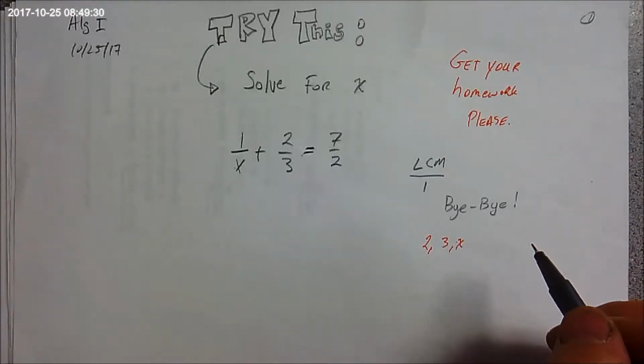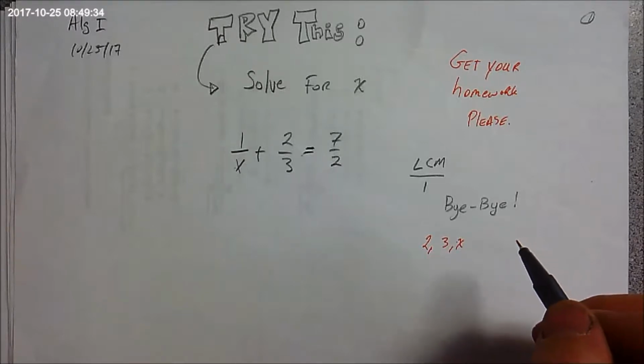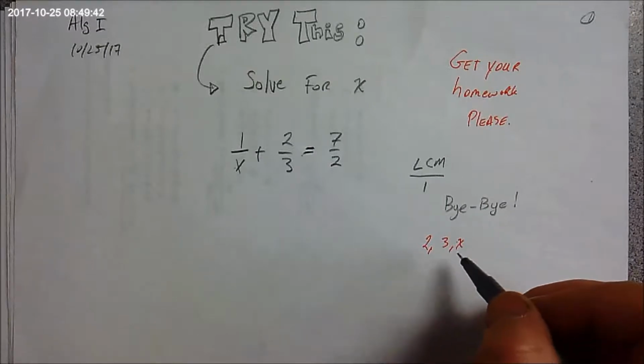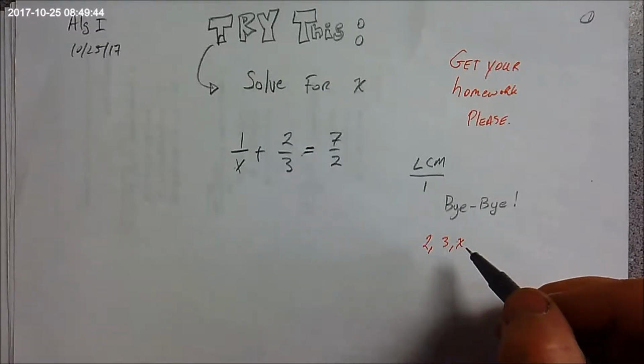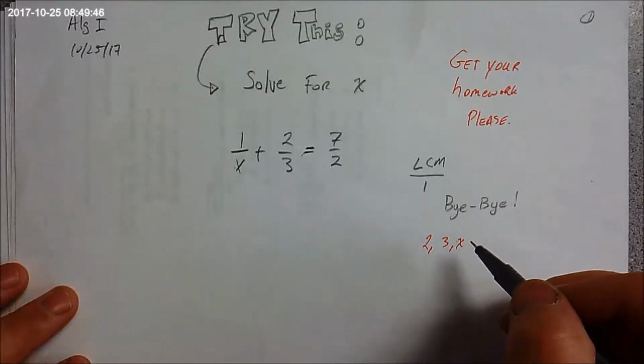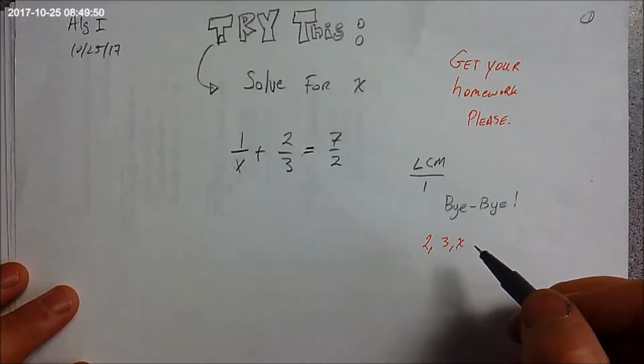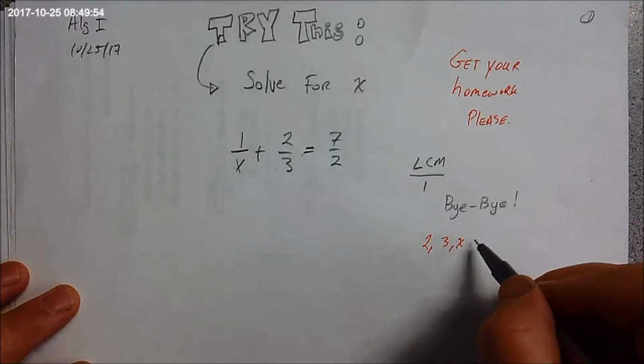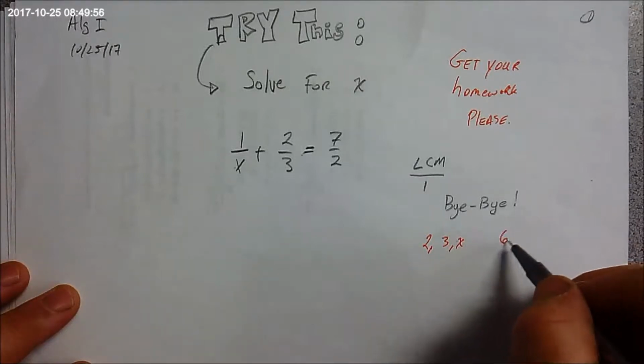Who do you think knows? You were going to say Hazel, huh? Hi, Hazel. Do you know what the LCM of 2, 3, and x is? No? I think you guys do. You're just not confident. Ryan knows. What is it, Ryan? 6x is right.